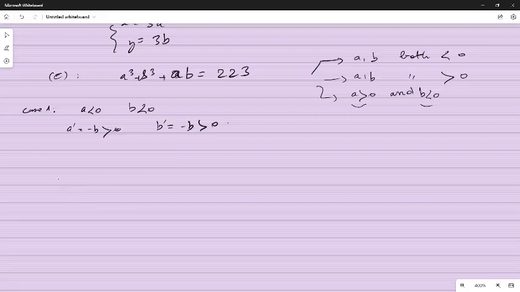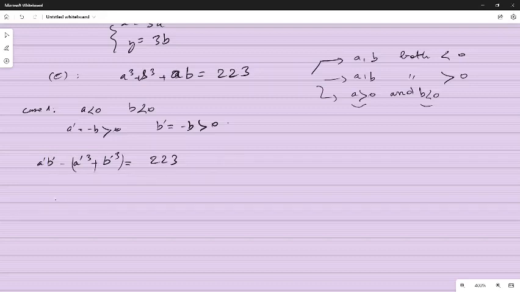And then our equation becomes a prime b prime minus a prime cubed minus b prime cubed equals 223. We see immediately that this equation is impossible, because we can write it like this.